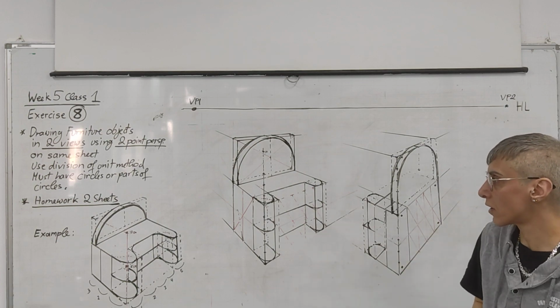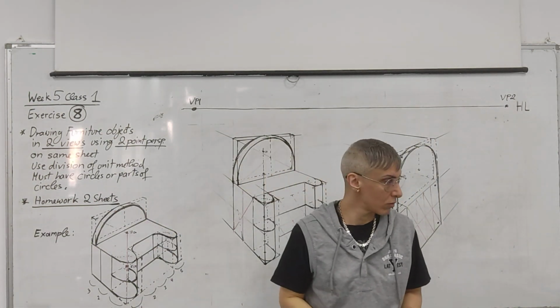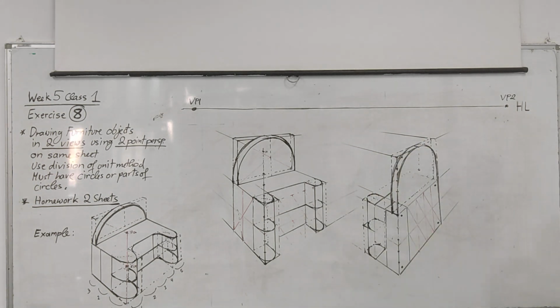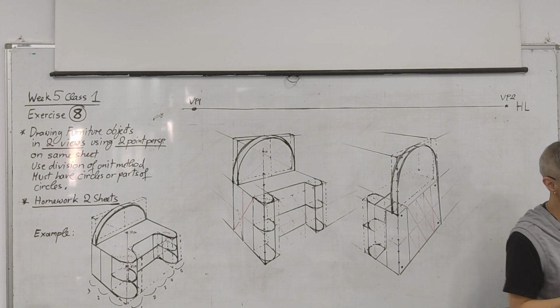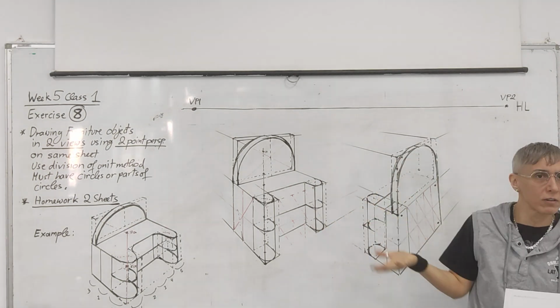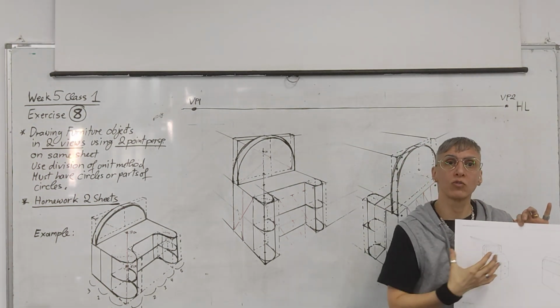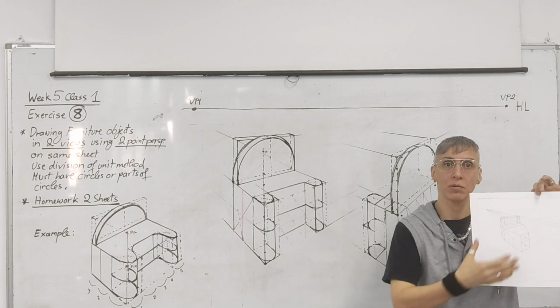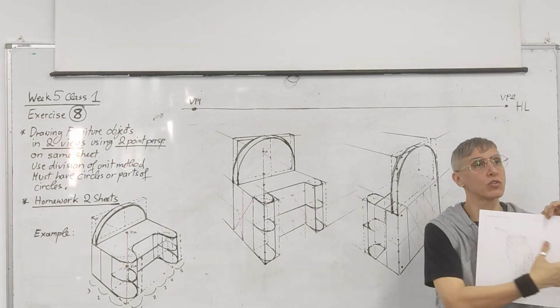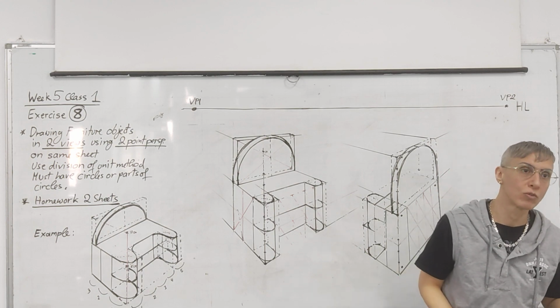Now, the homework. Two sheets. On each sheet, you will draw a piece of furniture or an abstract object that could be a furniture piece, in two views, like what we did. And another sheet with another object in two views.